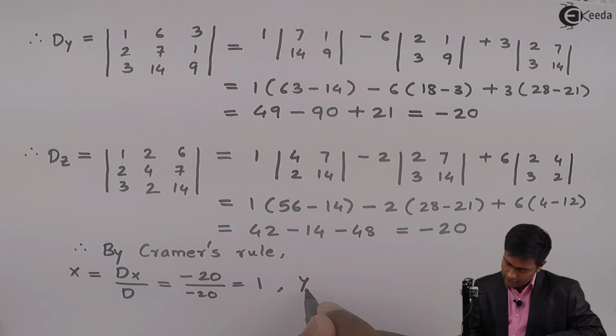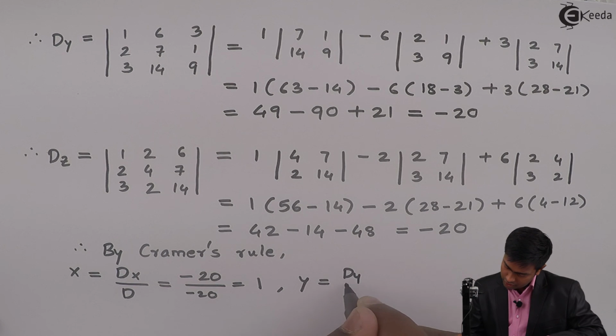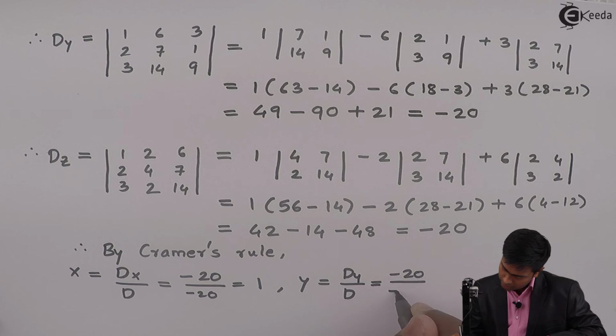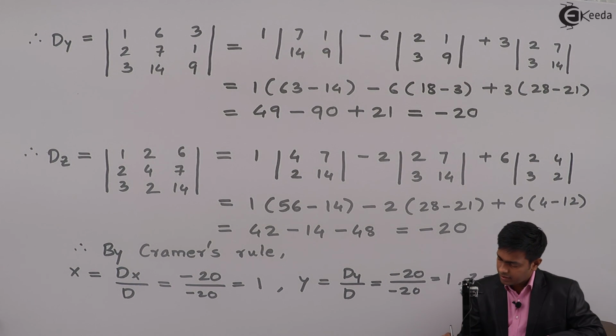Similarly, we'll get y by the formula dy upon d, which is minus 20 upon minus 20, which is again 1, and the value of z is dz upon d, which is minus 20 upon minus 20, and we will again get 1.